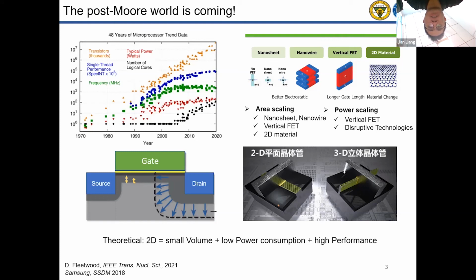As shown in the last picture, compared with the thin FET, the 2D material-based FET devices further reduce the size of the device. Moreover, 2D materials have the advantages of small volume, low power consumption, and high performance.